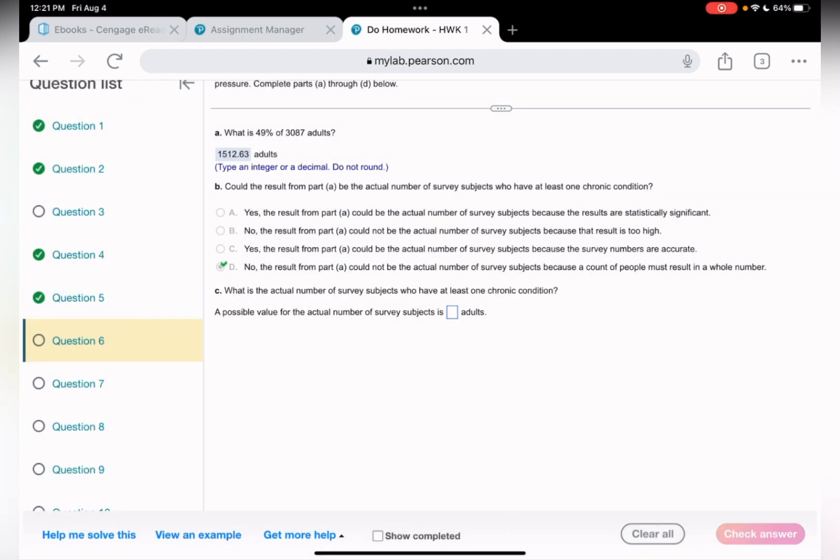And we have question C. So what's the actual number of survey subjects who have at least one chronic condition? So it's going to be, with whatever number we got, 1,512.63, I'm going to round up.